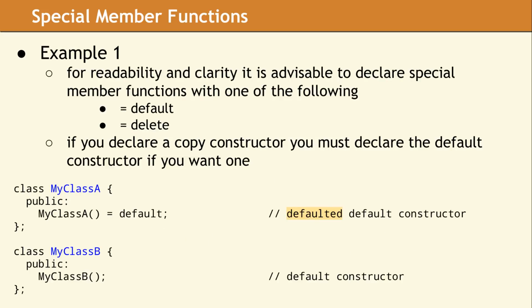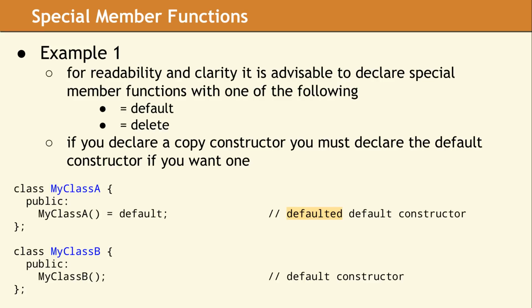Programmers often debate whether special member functions, which are intended to be generated by the compiler, should appear in the class and be marked as default, or simply not appear in the class declaration. Adding these methods and marking them as default will improve readability, especially for a user of the class.